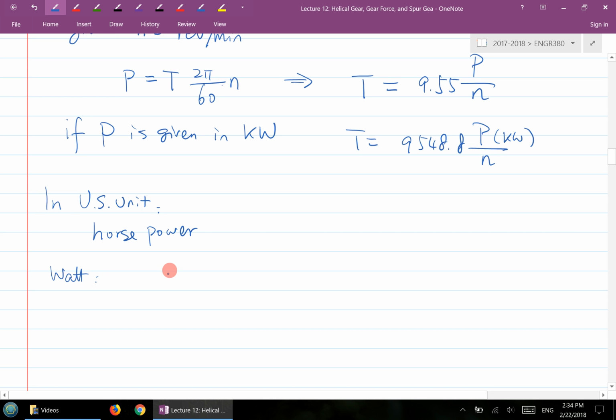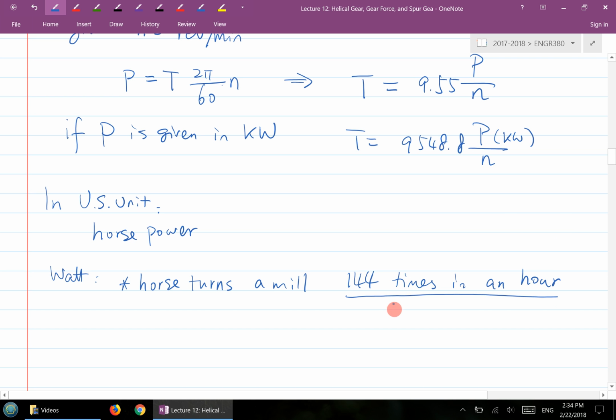It looks at a horse turning a mill, and observes that it turns the mill 144 times in an hour. That's how fast it's going. At 144 times in an hour, it's approximately 2.4 times per minute.